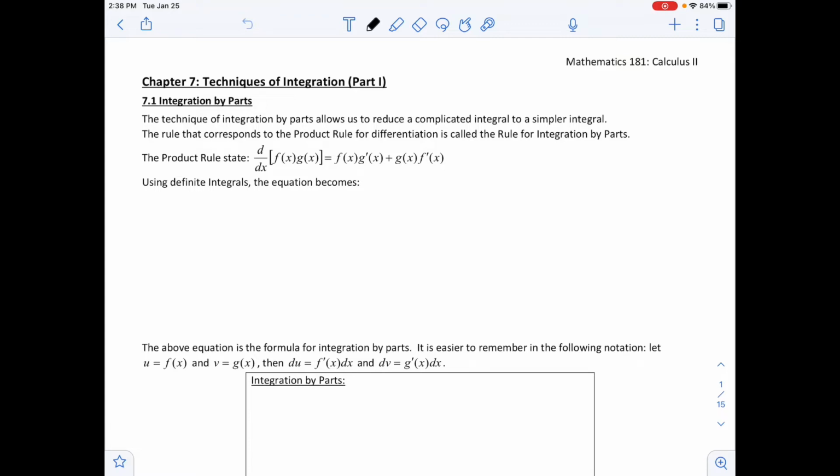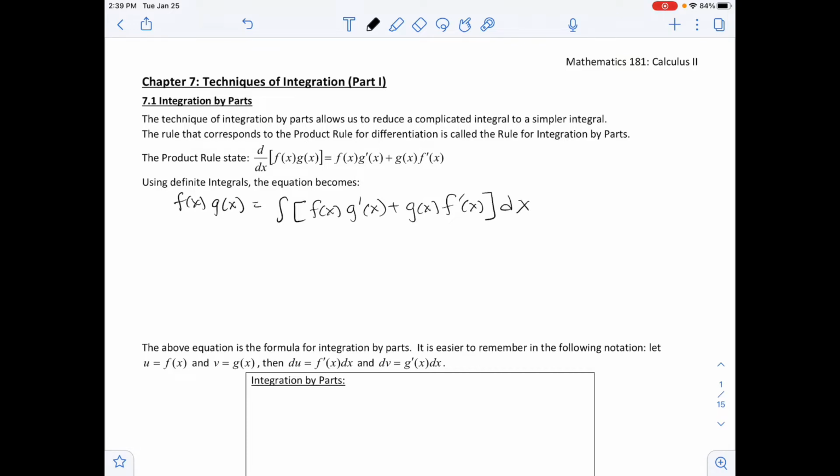Integrating both sides, we end up with f(x) times g(x) equal to the integral of our right side, which is f(x)g'(x) plus g(x)f'(x) dx.